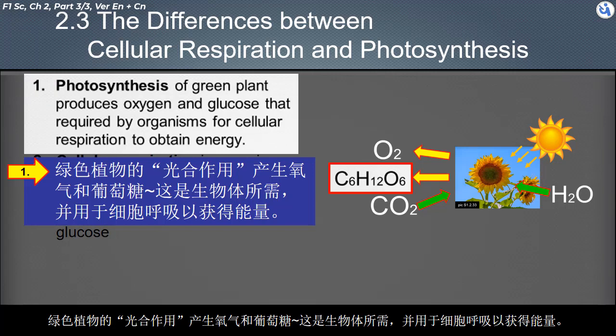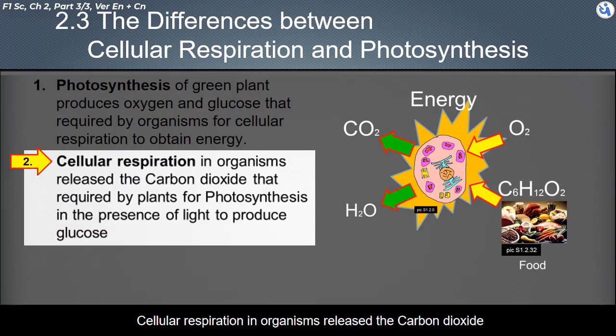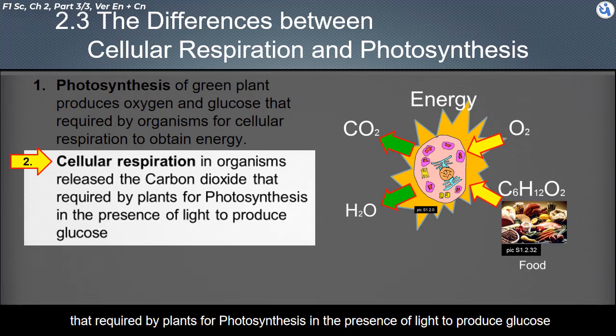Cellular respiration in organisms releases carbon dioxide, which is required by plants for photosynthesis in the presence of light to produce glucose.